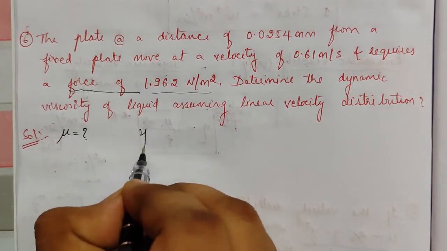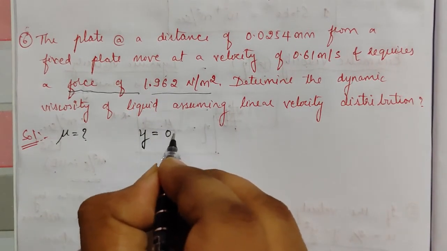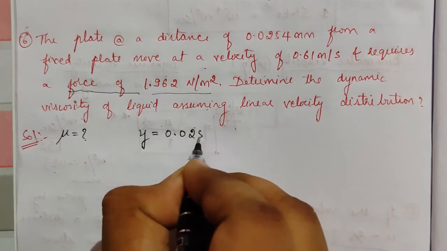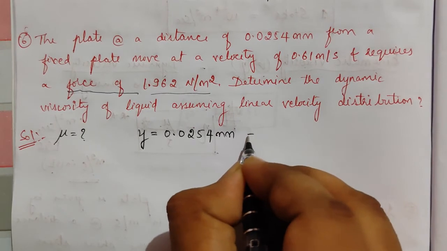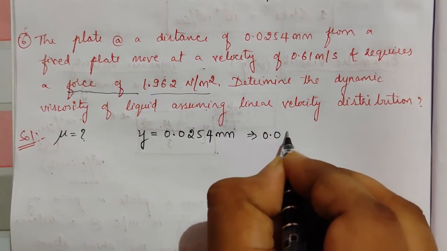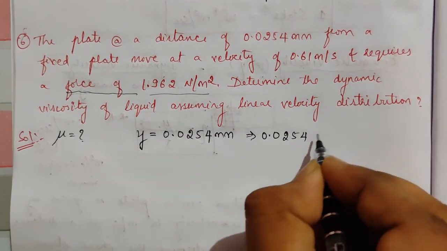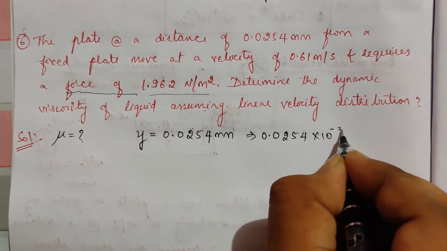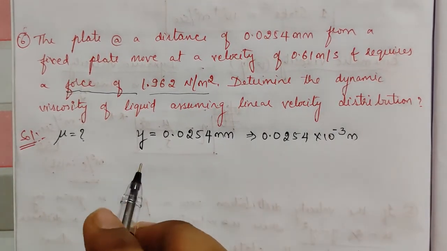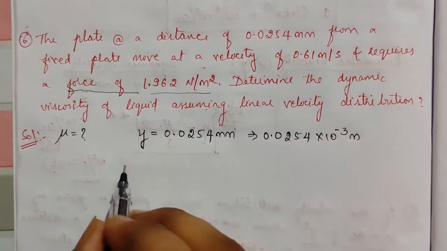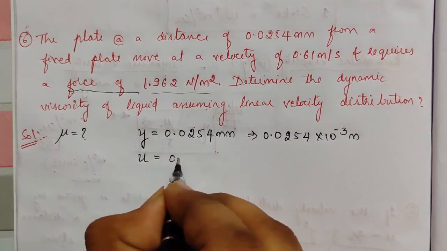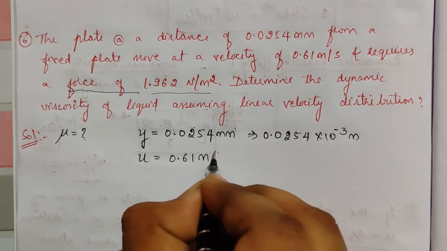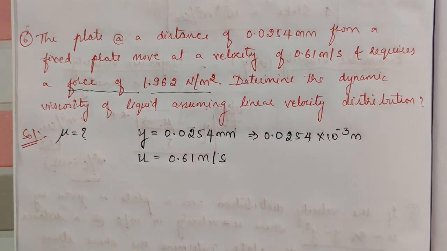The distance y is 0.0254 mm, millimeter they have given, so I'll convert into meter, 10 power minus 3 meter. So y is given. Next, initial velocity is given, that is 0.61 meter per second.